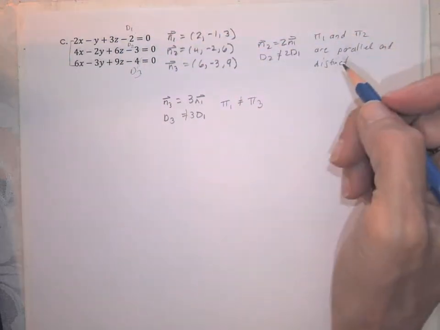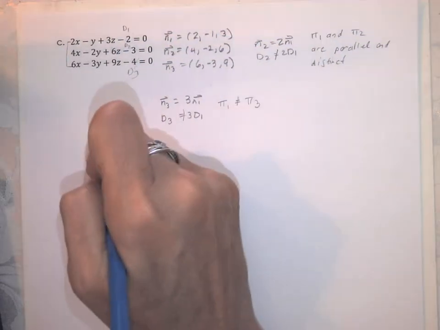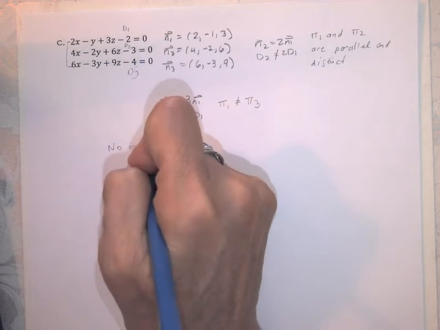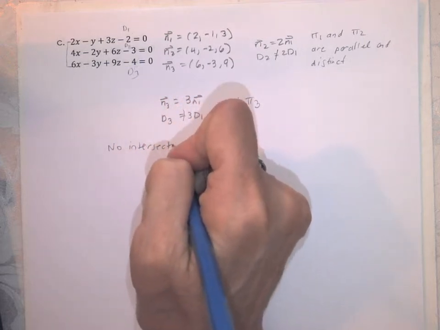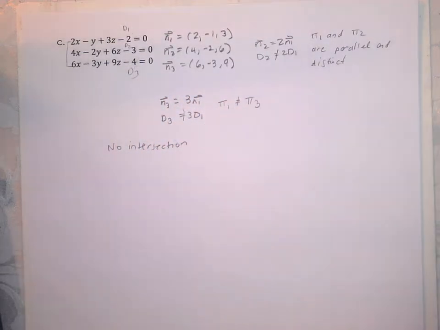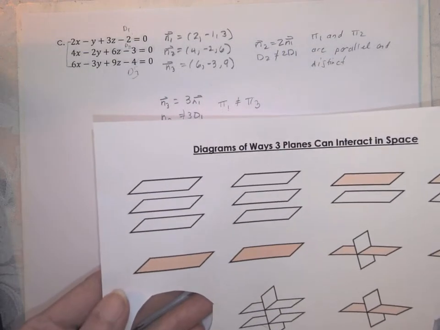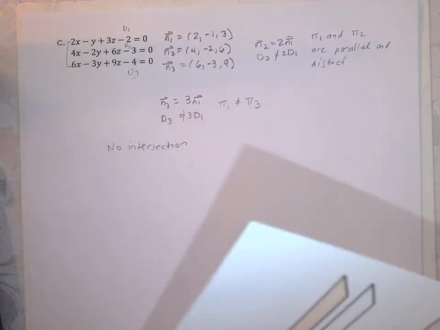So in this case, we have no intersection, but our geometrical arrangement is that all three planes are parallel and distinct. So that's going to look like this picture here, where we have our three planes that are all parallel and distinct.